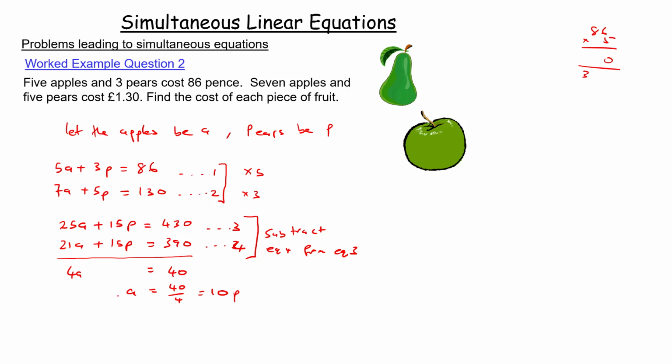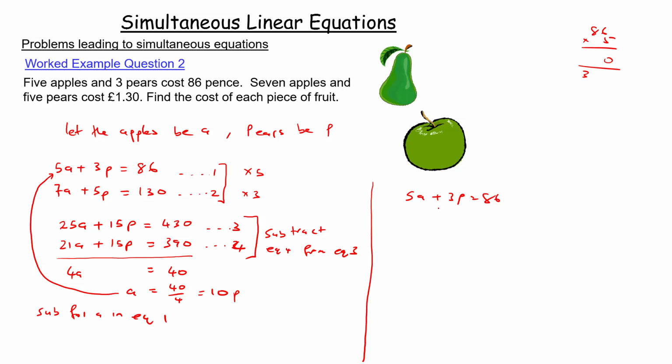And to find the cost of the pears, draw an arrow. Let's go into equation 1 this time. So sub in for a in equation 1. So we've got 5a plus 3p equals 86.